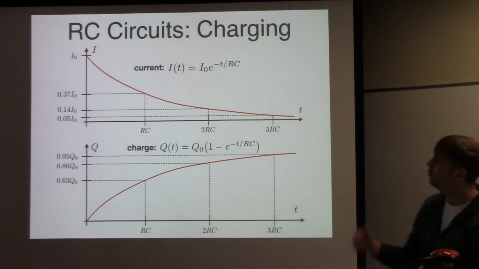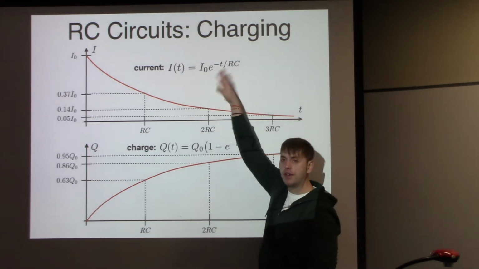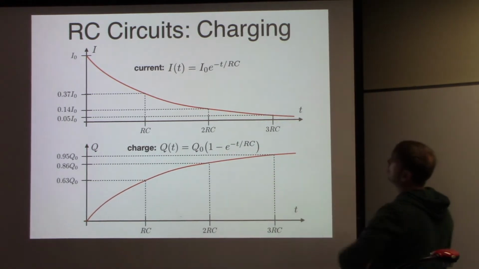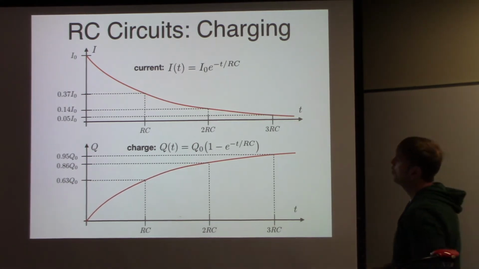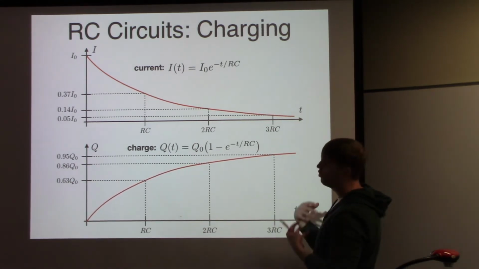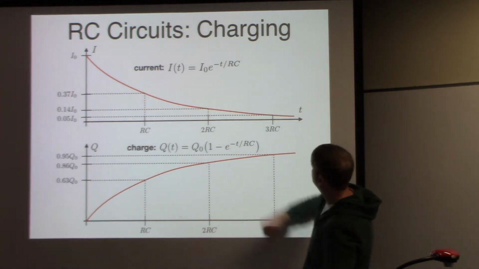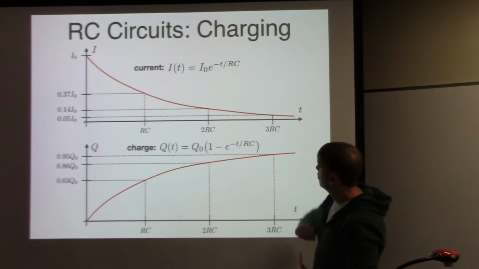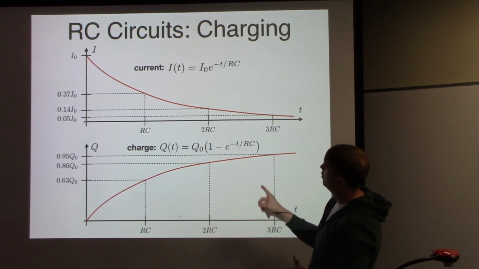So the current is exponentially getting smaller and smaller and smaller. That's what a negative exponential looks like when you plot it out. Okay? But in the exponent, we keep seeing this factor of RC, and it looks like there's something important about R times C as it appears in this equation and appears in this equation. We're going to get into that in a second, but let's plot out our charge equation.